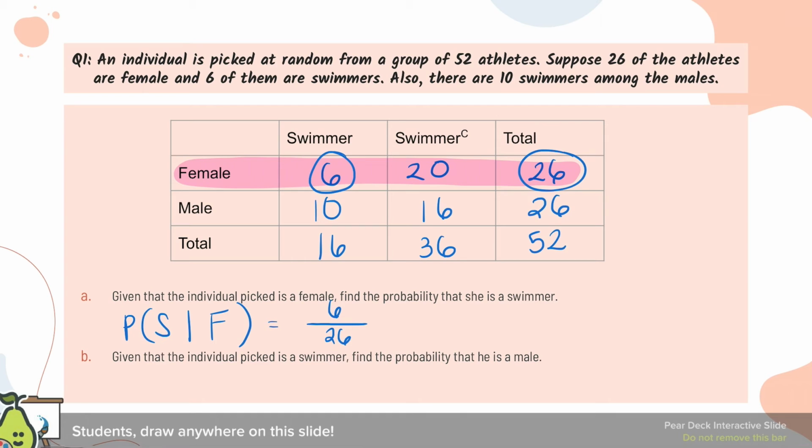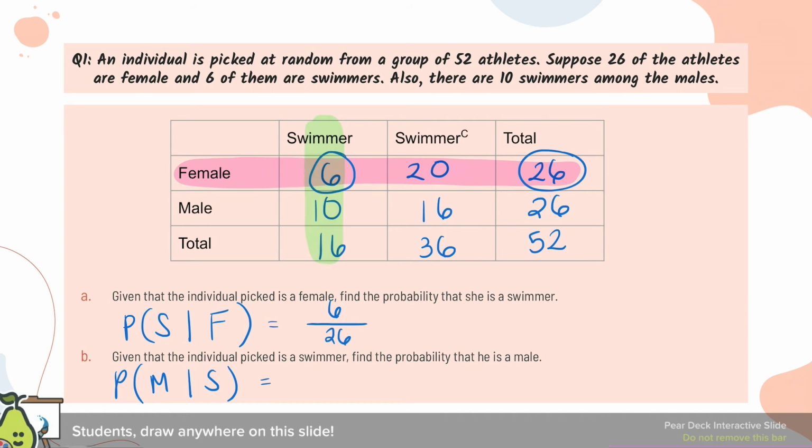For part 2, it says given that the individual picked is a swimmer, find the probability that he is a male. So the probability of male, given that this male is a swimmer. So here we are looking at not the males as the new sample space, but the swimmers as the new sample space.